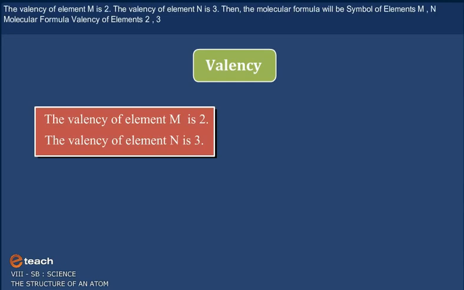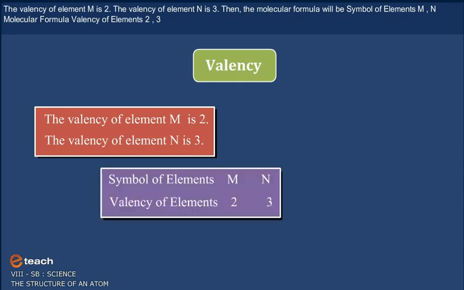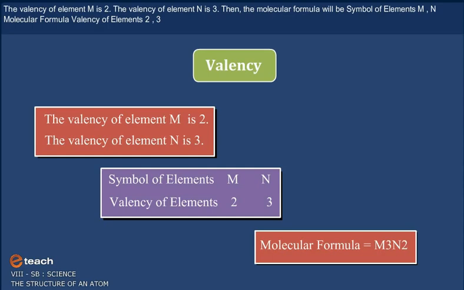The valency of element M is 2. The valency of element N is 3. Then, the molecular formula will be, symbol of elements M, N, valency of elements 2, 3, molecular formula M3N2.